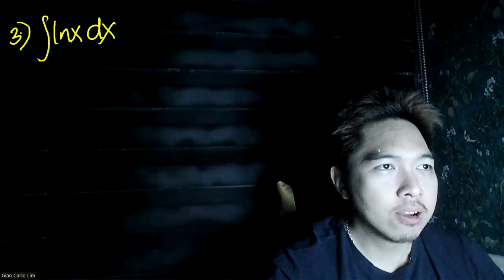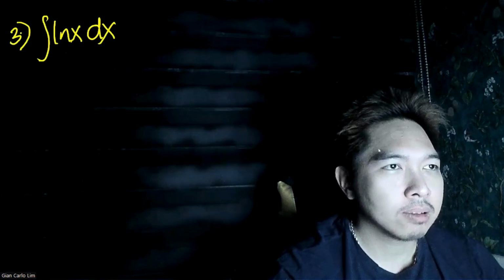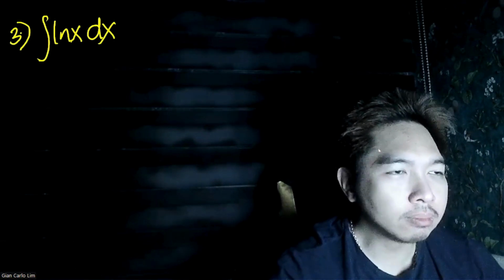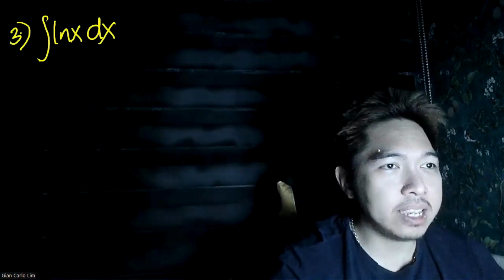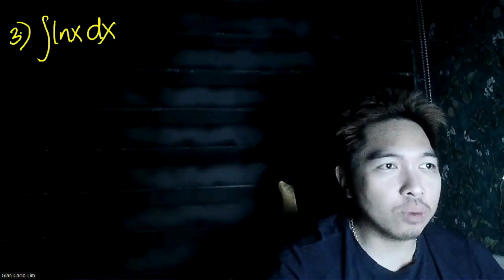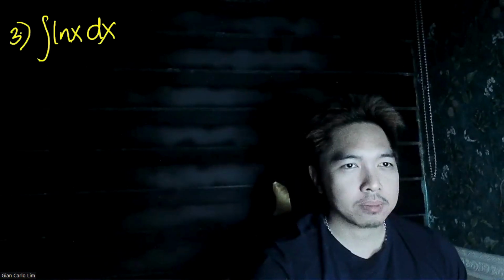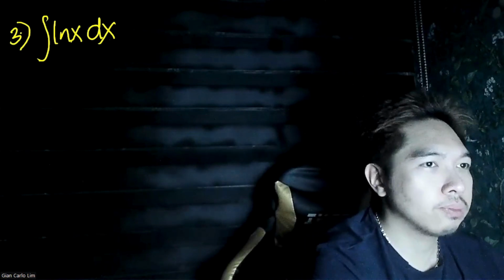So for ln of x dx, if we let u be equal to ln of x, our dv will be equal to dx. All right. Let's just derive the formula for this one to avoid confusion.